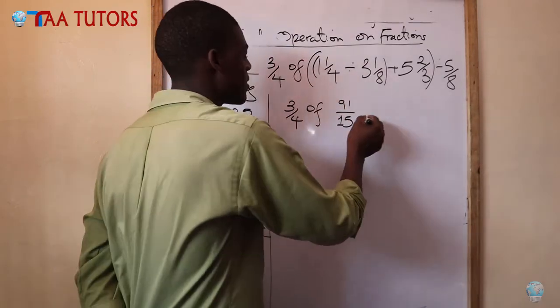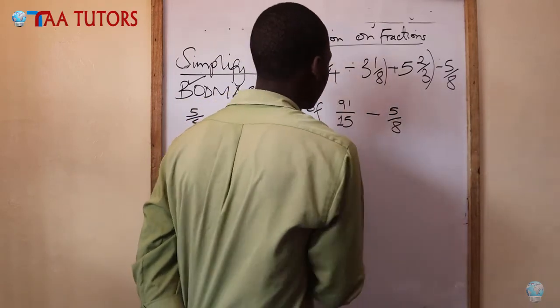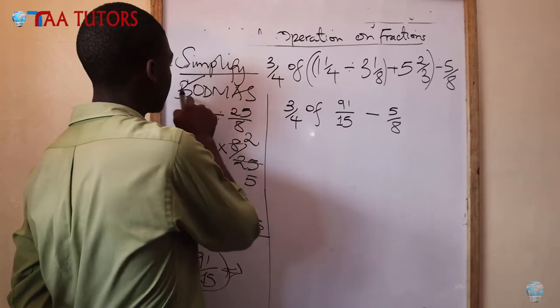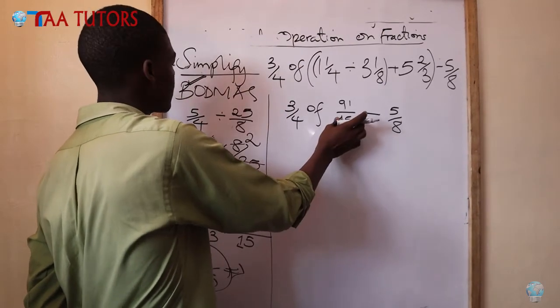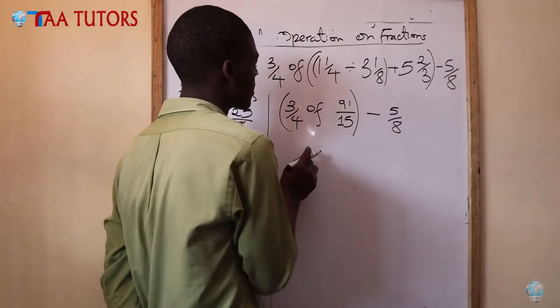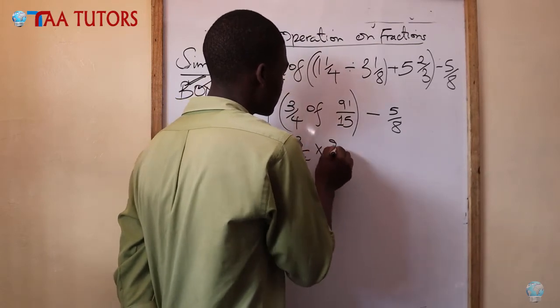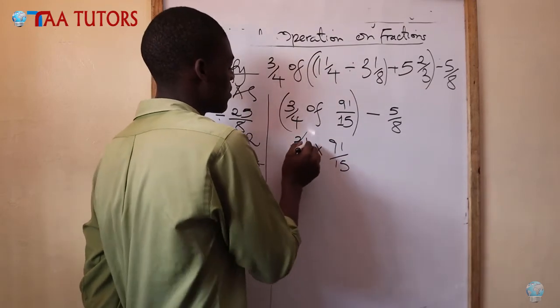91 over 15, then minus 5 over 8. According to this order here, we've done bracket, the answer is there. So we move to of and it is present. This is what we do next. We have 3 over 4 times 91 over 15. Simplify where possible.